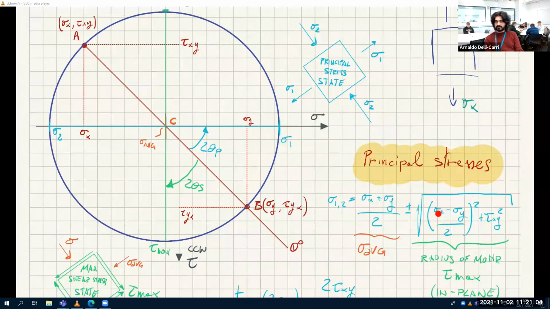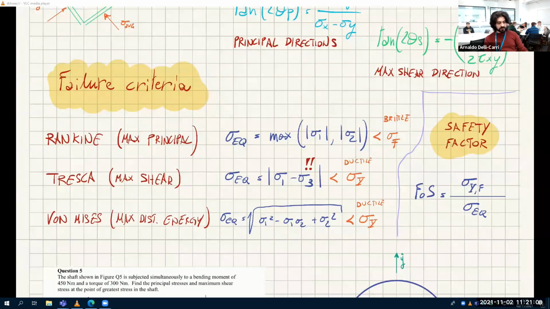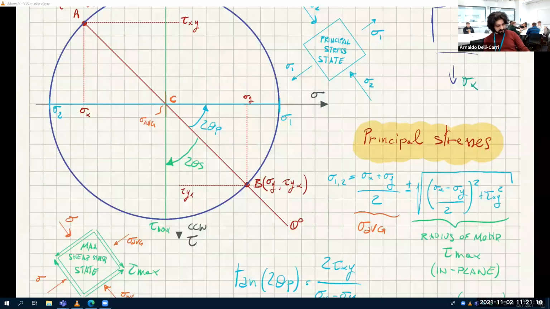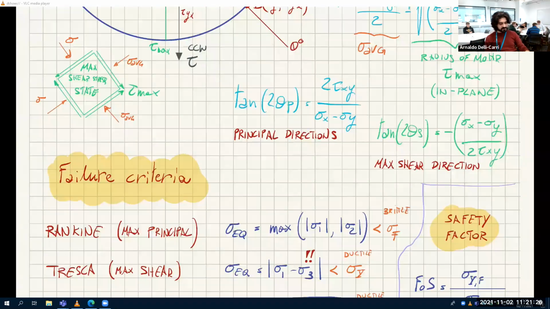Okay, that's it. So for this thing, tau max is sigma x divided by 2. And so that means that sigma yield is also tau yield divided by 2. So that divided by 2 can go away, and you are left with this.